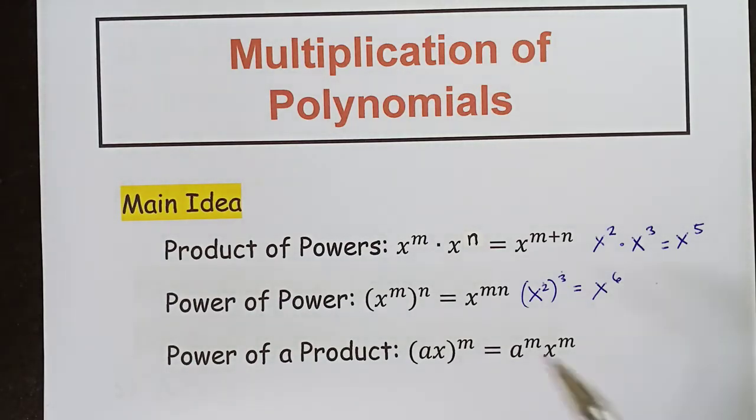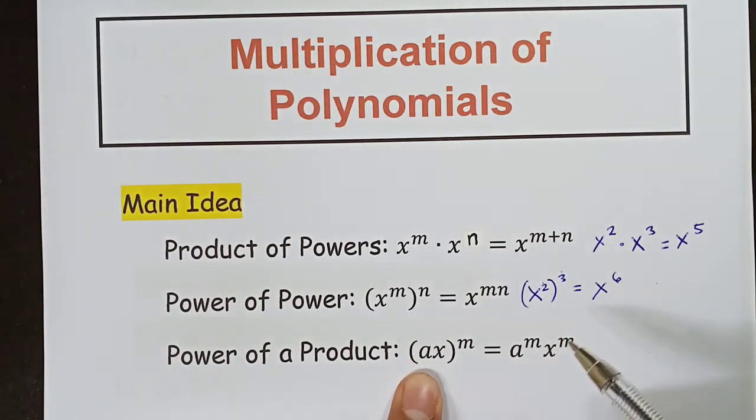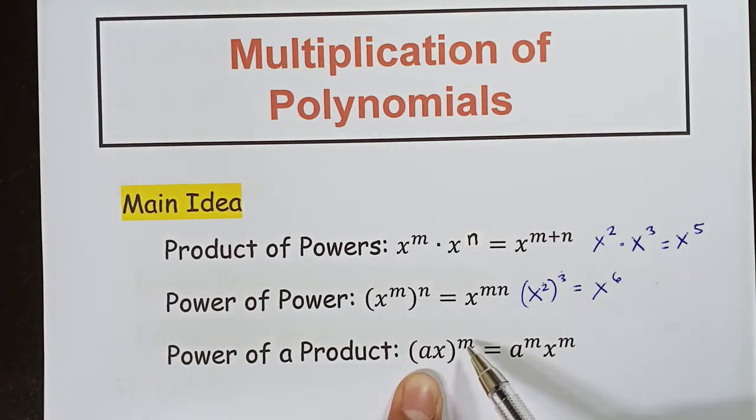Next, power of a product. Parang distributive property lang to. Dinidistribute natin yung exponent. Example, we have variable a and x, quantity of a and x raised to m. The answer would be a raised to m and x raised to m.